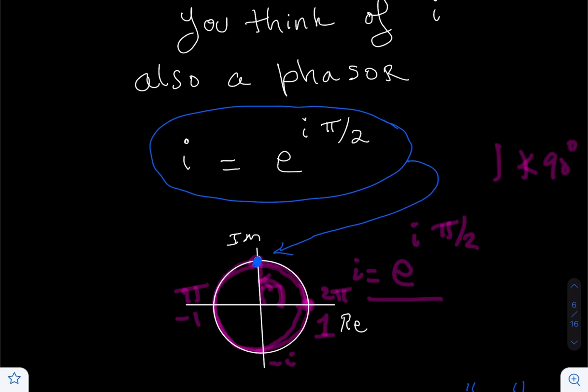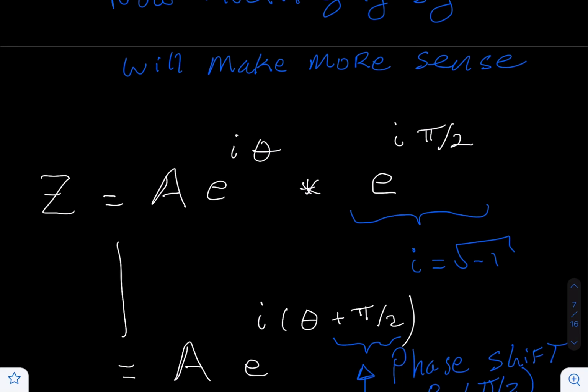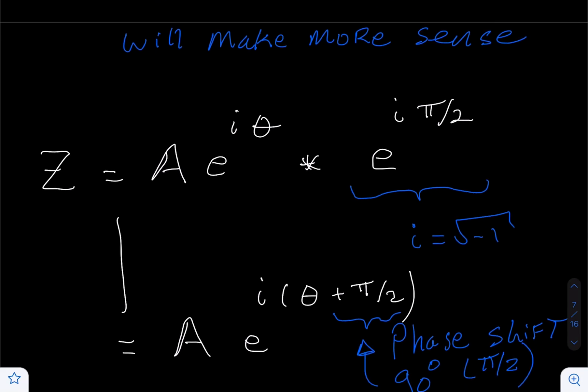Right? So, okay, what does that mean? That means that multiplying by i is shifting whatever you put in by 90 degrees. And that makes more sense, right? So let's take a look here. You've got an arbitrary complex number, a e exponent i theta, and you multiply by i, which is, forget about this thing, a 90-degree phasor.